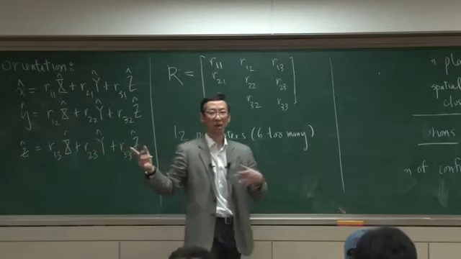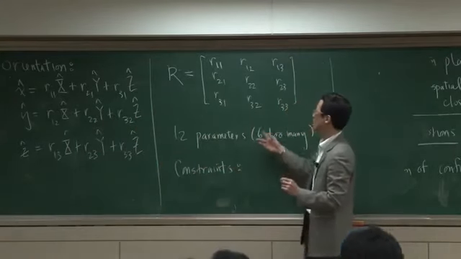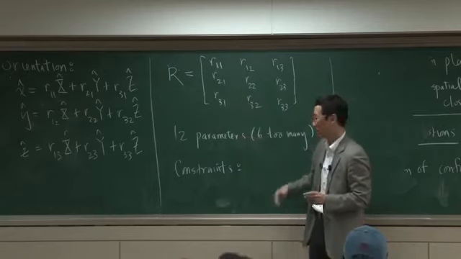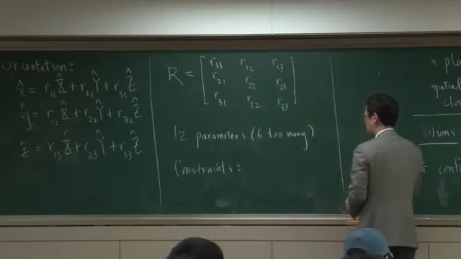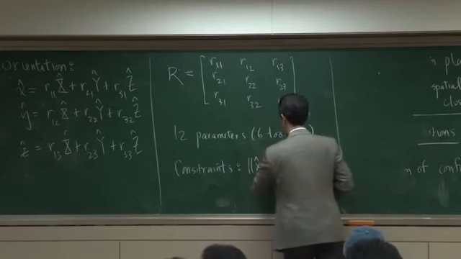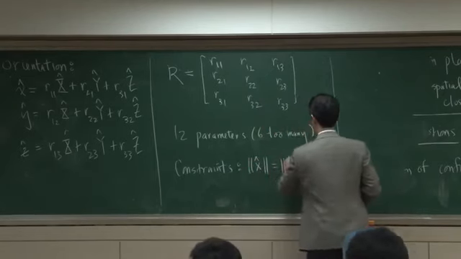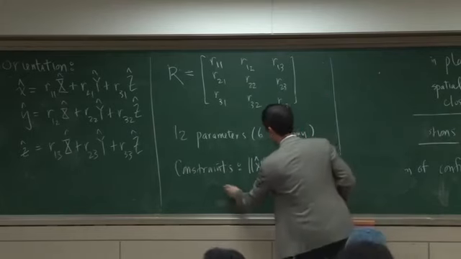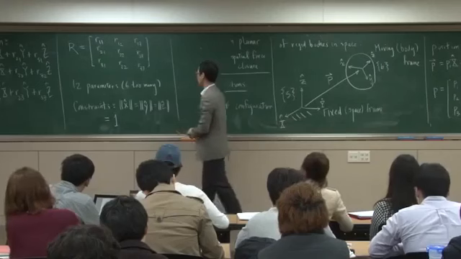So if we impose those constraints on these 9 numbers, we get some conditions, right? So the first constraint is norm x, norm y, norm z, these are all equal to 1.